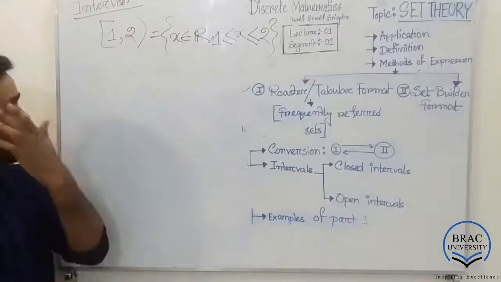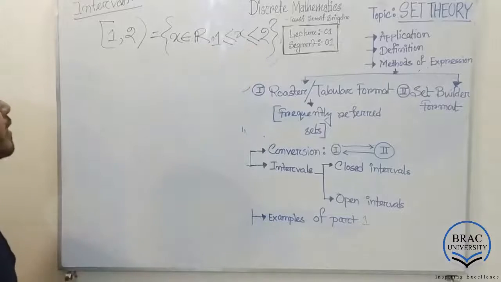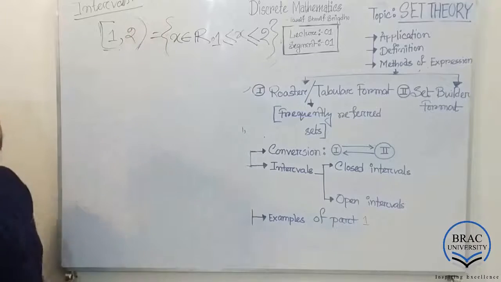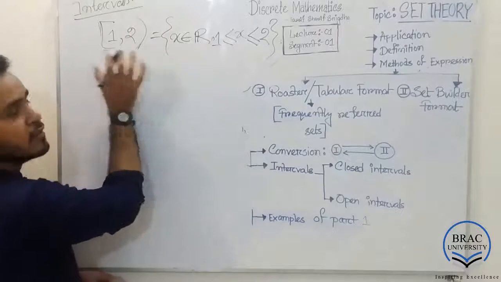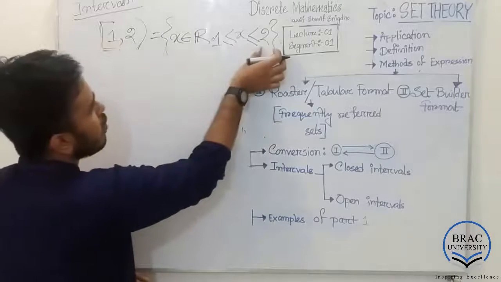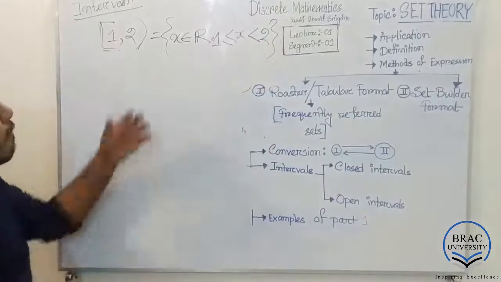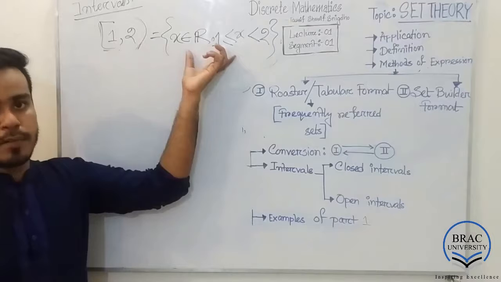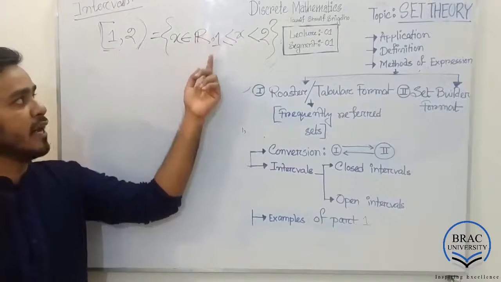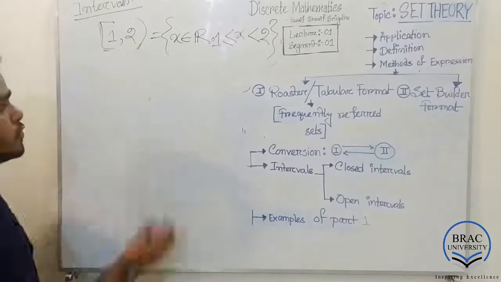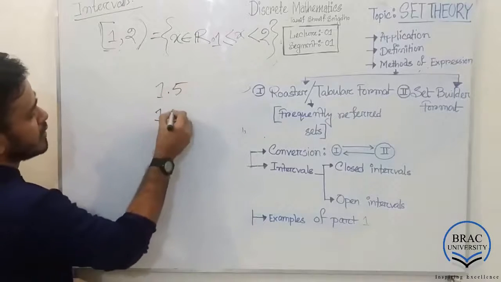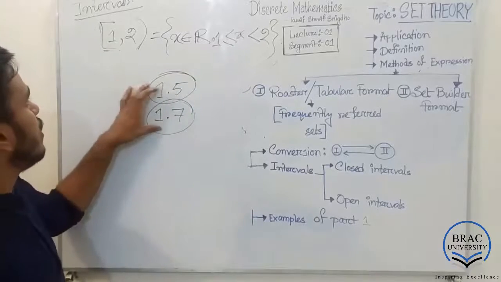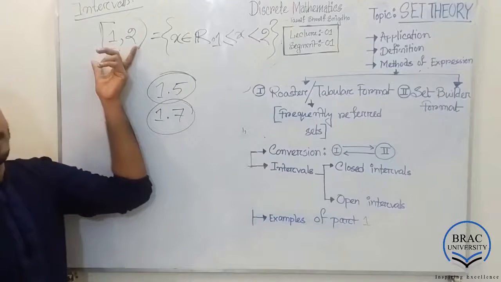No, many of you have already understood this is not the right expression, because here we used closed interval and here we used open interval. So x can have or possess the value of 1, but it cannot be equal to 2. So the right expression of this set in set builder method will be x belongs to R such that 1 is less or equal to x less than 2. So 1.5 or 1.7, anything, all of these numbers will belong to this set.